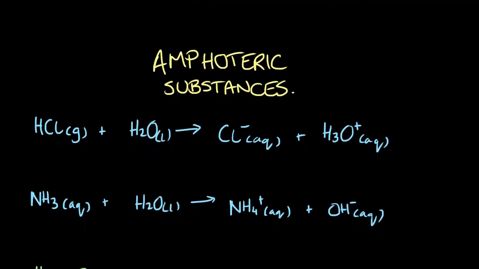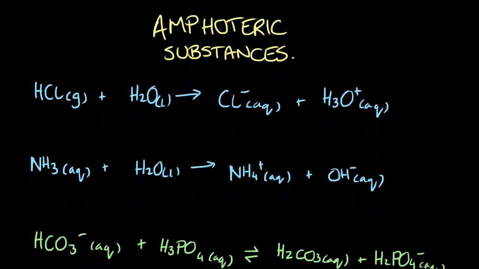Finally, I want to show some examples of amphoteric substances. So remember, these were the ones where a single substance can either act as an acid or a base depending on what it is paired with. Our first example of an amphoteric substance is going to be water. In the first case, we've got HCl plus H2O making chloride ions, and this is called the hydronium ion.